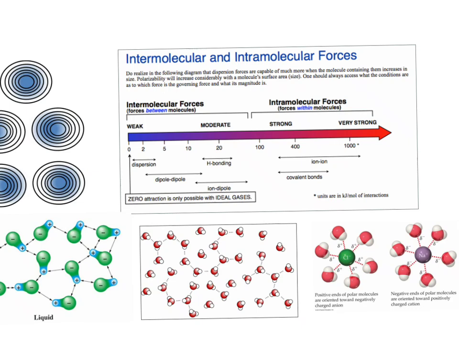These include covalent bonds, ionic bonds, things like that. The intermolecular forces are the forces between molecules. So if you have two molecules that are close together, how are they going to interact? That's what we want to focus on because those are going to show up in chapter 13.